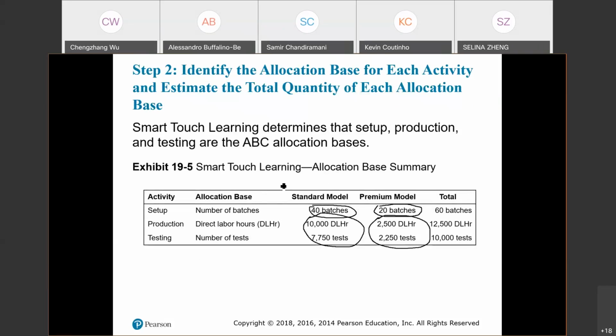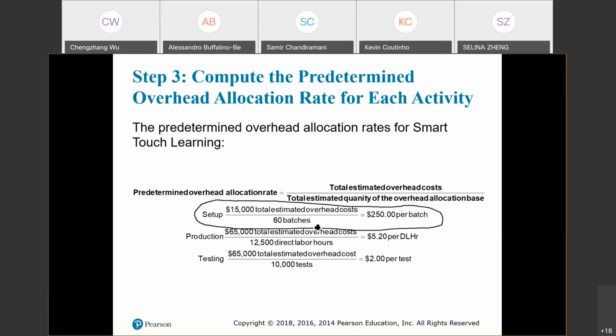So in total, it is 60 batches. So here in this formula, we use the total overhead divided by 60 batches. We get $250 per batch.